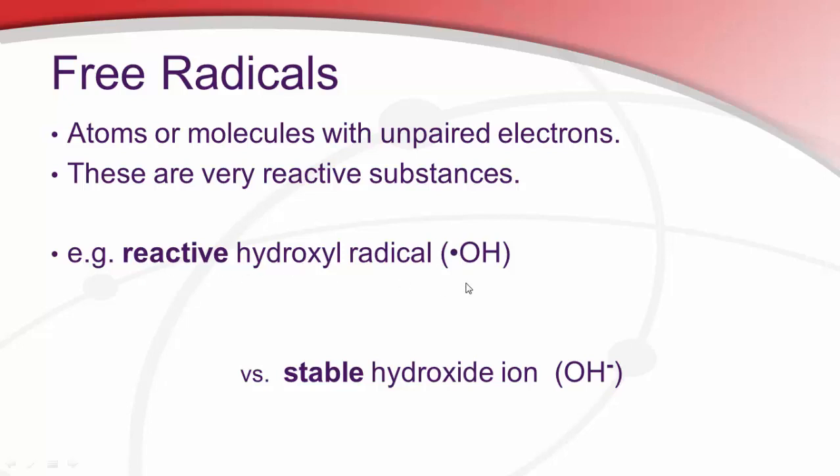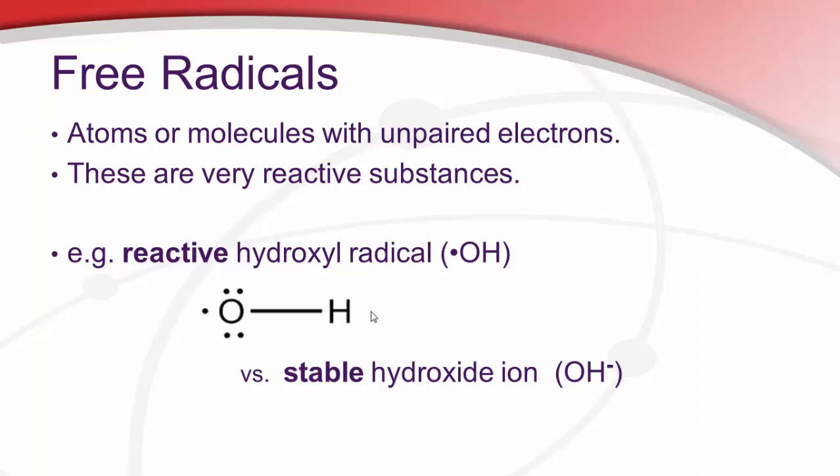This is a hydroxyl radical here, and another representation of it here as a Lewis diagram. Now, these are extremely reactive substances because these unpaired electrons really want to find a friend.